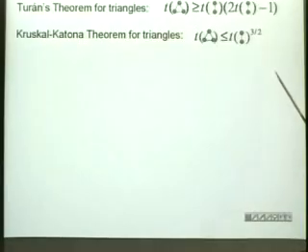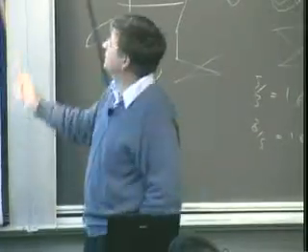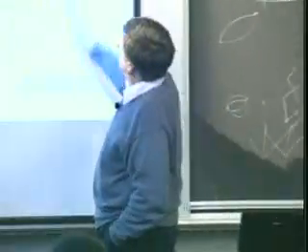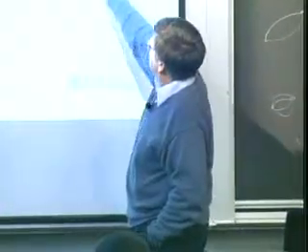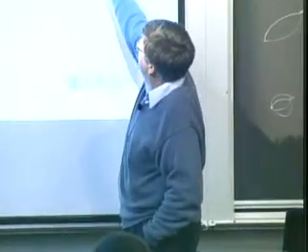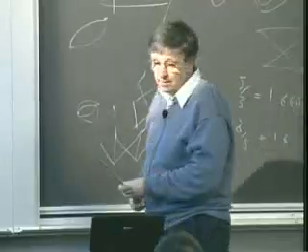Now, I should say this is an asymptotic version of it. The Kruskal-Katona theorem gives a very precise inequality for any fixed number, and this is just the asymptotic version of it. But this is an inequality which is, again, valid if I put any graph G here. So it's again valid for this limit set.